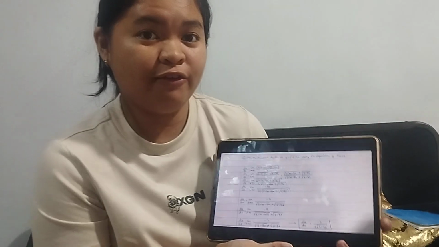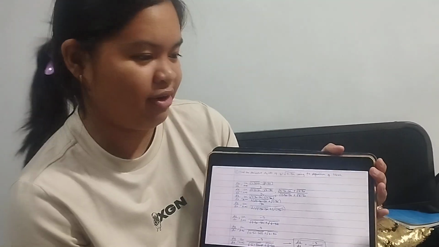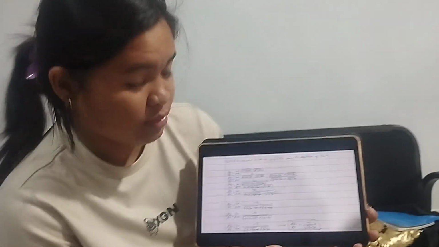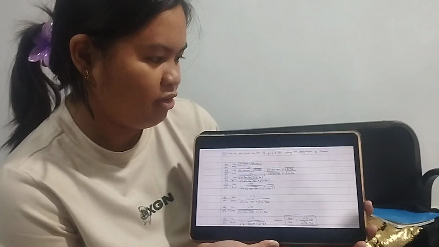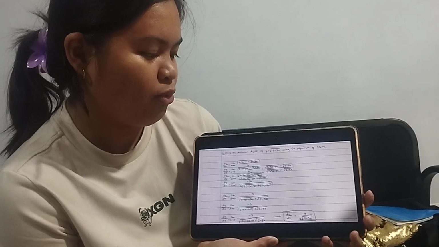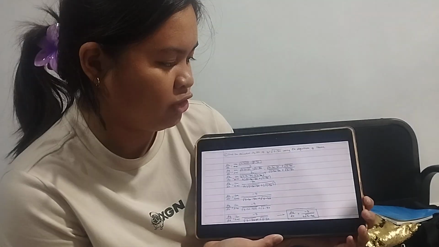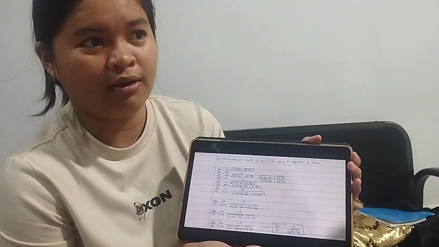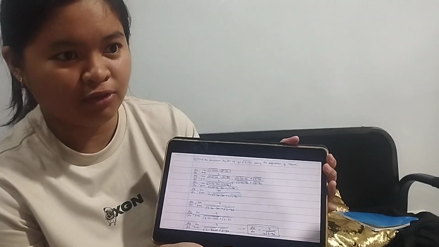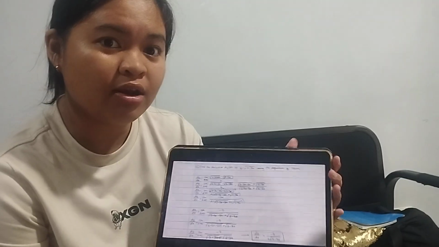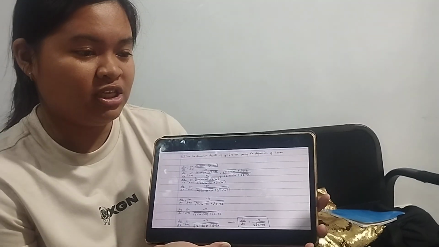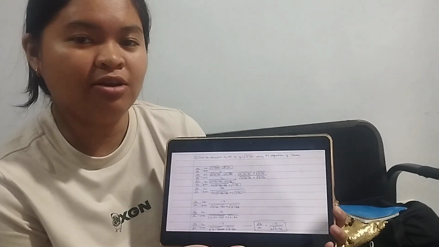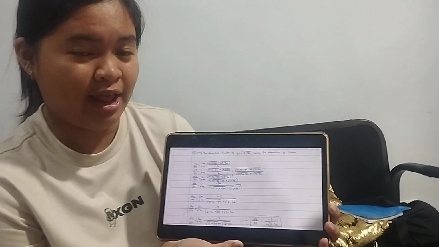So for the second question, find the derivative of y equals 2 square root of 2 minus 3x using the definition of the derivative. The first thing you have to do is to identify the definition of the derivative, which is f of x plus h minus f of x over h.